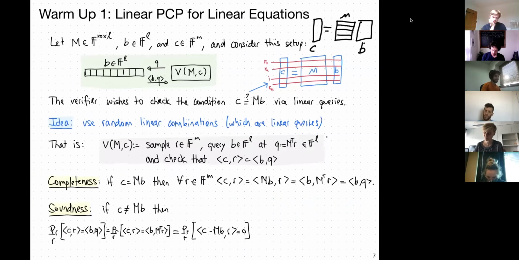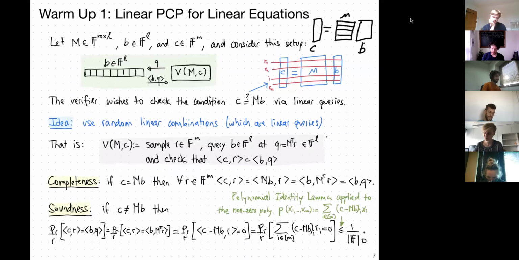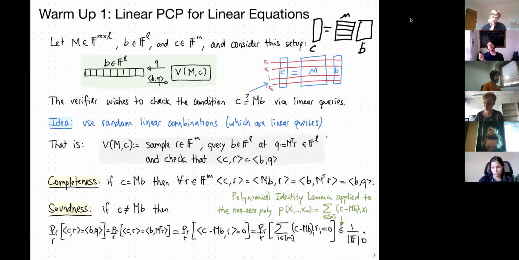Sorry. This is a bit confusing regarding linear PCP, but think about it as just one query, because later we will emulate this by a single query. All the verifier has to do is to specify a location Q, which is some vector of linear length.